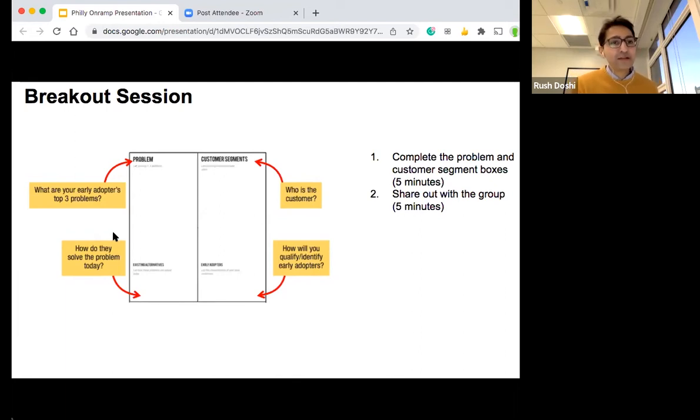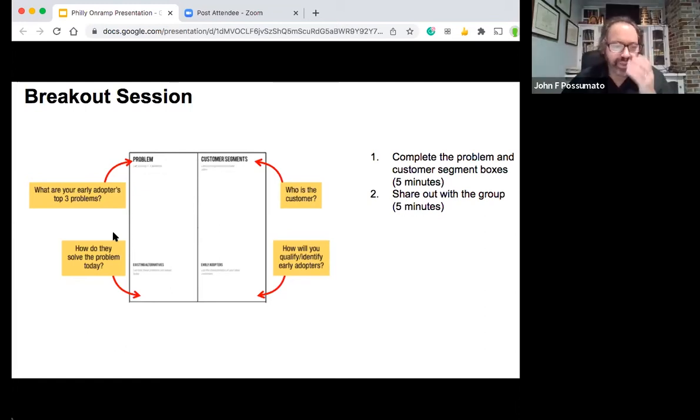You could just write it or type it wherever you want, and then share it out via voice. Yeah, that's a great idea. Entirely voluntary, but take a stab at this, jot some notes down, and let's review.